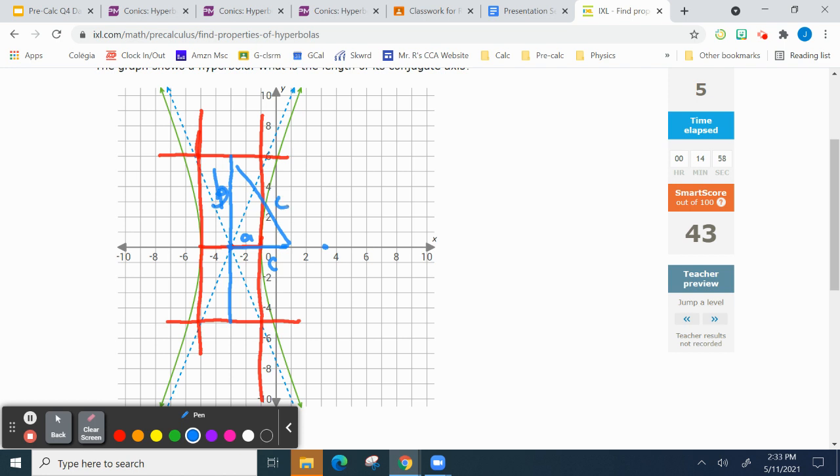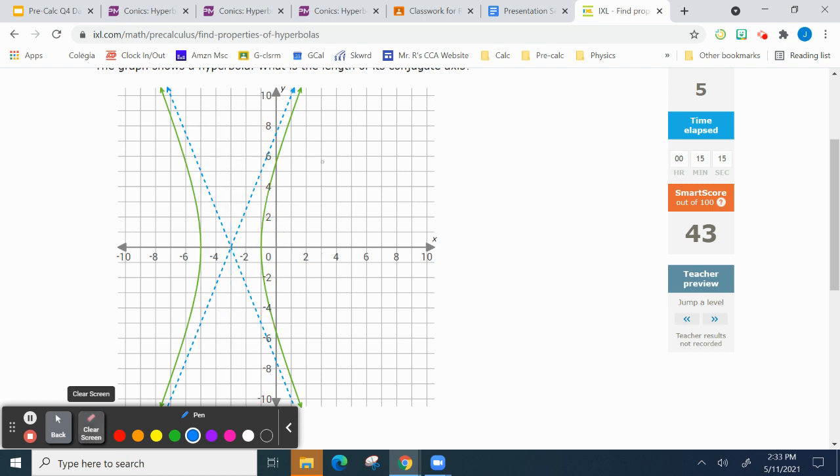Anyway, now we're looking for the conjugate axis, right? So this is up at y equals 6. This is down at y equals, did I get that right? Oh, look at that. I drew it in the wrong place. You probably saw that. It's right there, isn't it?